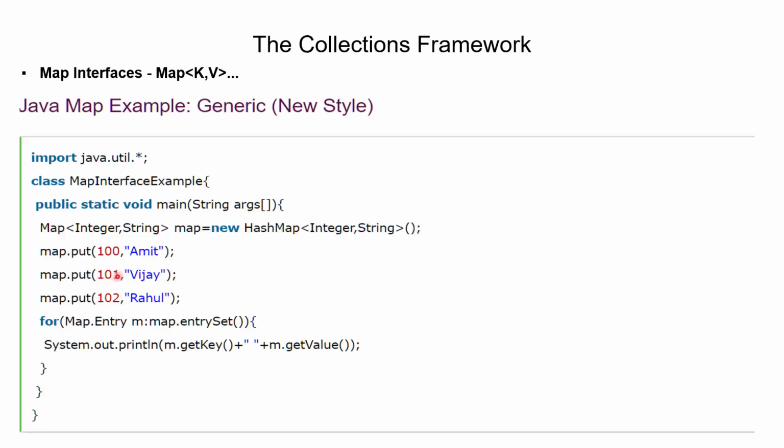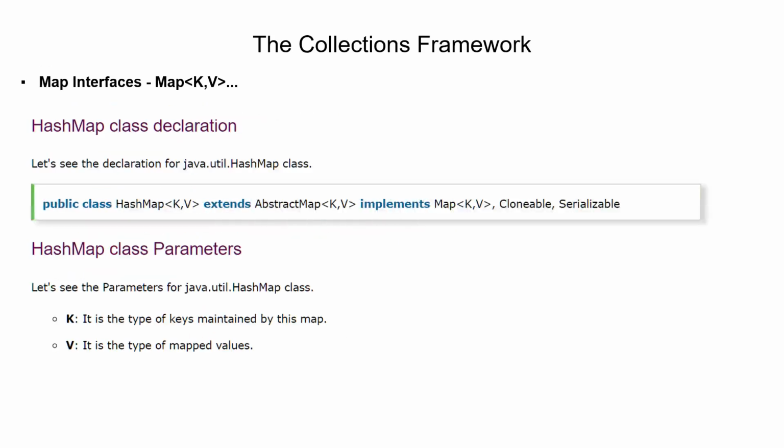So at place 100, we put Amit. We have 101, and we have VJ, 102, Rahul, and now we can essentially iterate through the map and return some values, so we can see what data is actually in our HashMap.